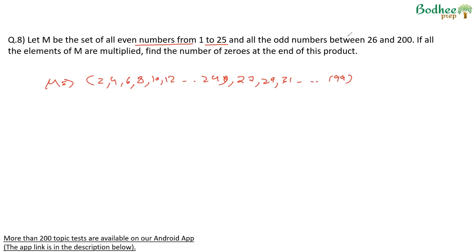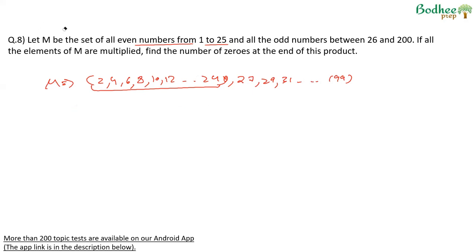So here we have to count 2s and 5s. The power of 2 in M will be from the first part only, because that is the only even part. What we can do is count the power of 2 in 25 factorial.